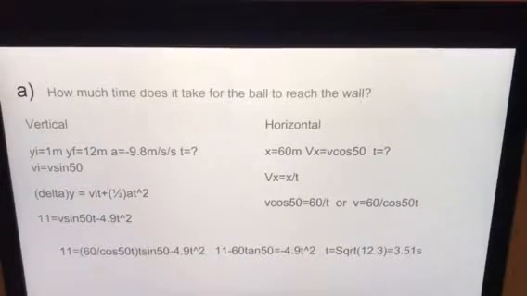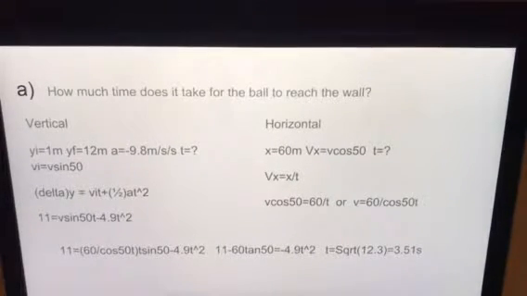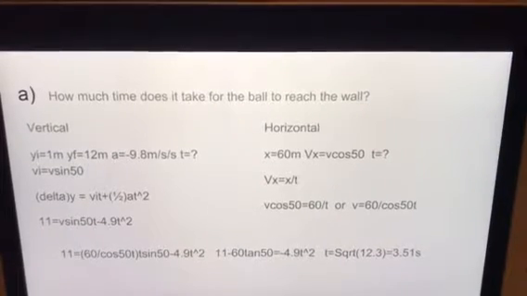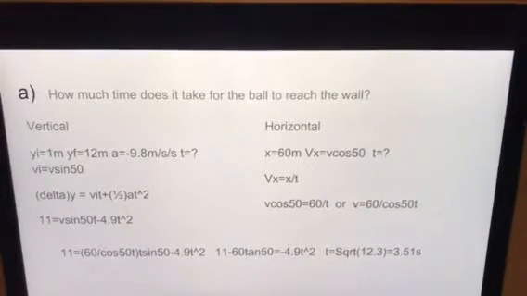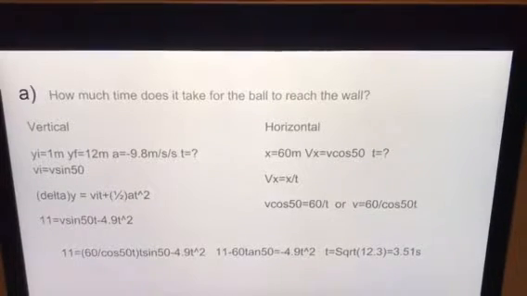The x is equal to 60 meters because that's how far away the wall is. The velocity in the x direction is velocity times cosine 50, because cosine is the x component. Time is a variable.